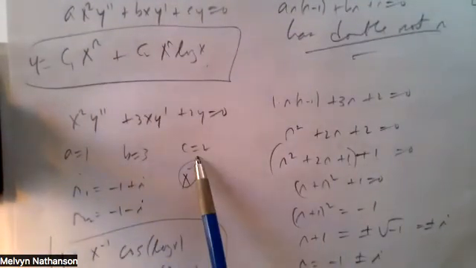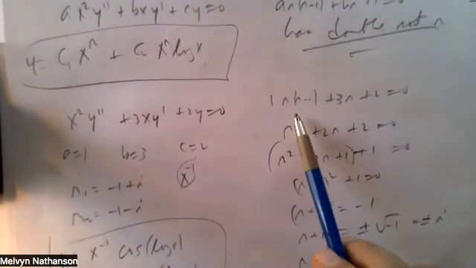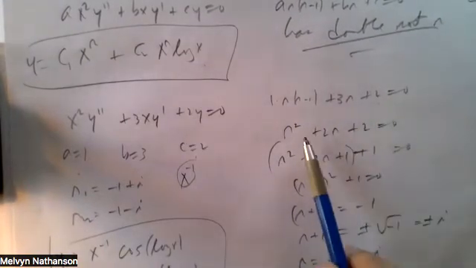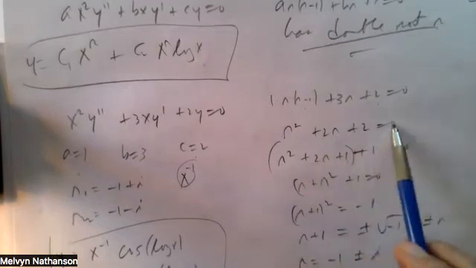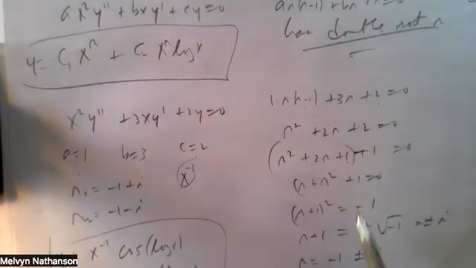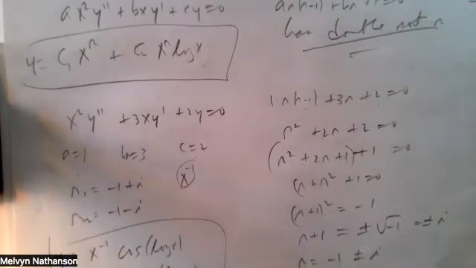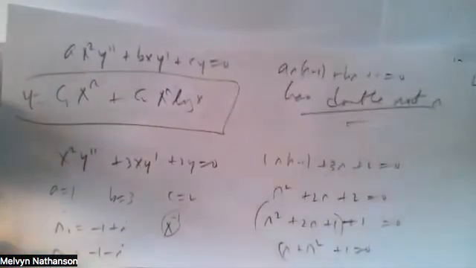So my quadratic equation was r times r minus 1 plus 3r plus 2, r squared plus 2r plus 2. So r is minus 1 plus or minus i. And I claim that x inverse cosine of log x and x inverse sine of log x should be solutions.